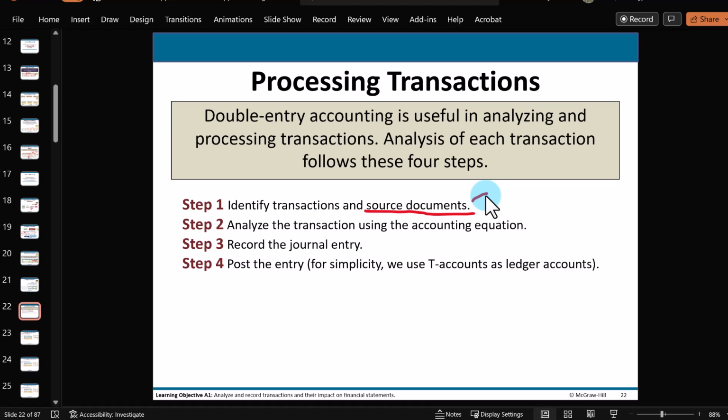In our class, you're going to be given the transaction. Then you need to interpret the accounts to change. Okay, so we don't have too much source documents being shown. We're just told what the transaction is. And this is going to be true throughout the whole semester.